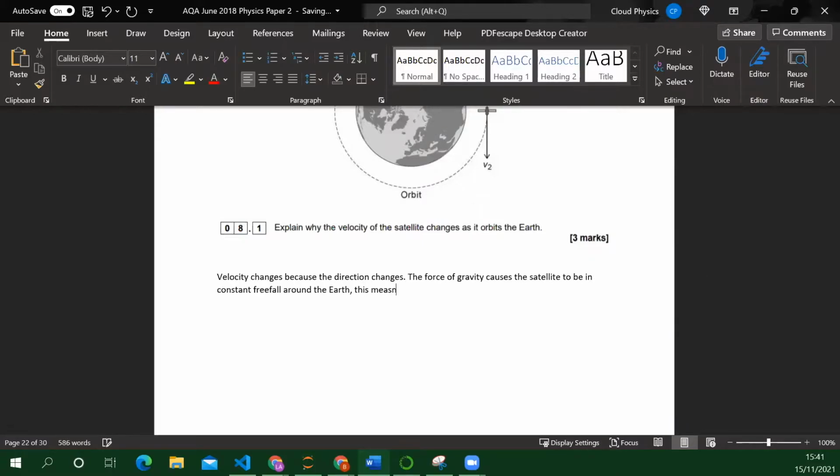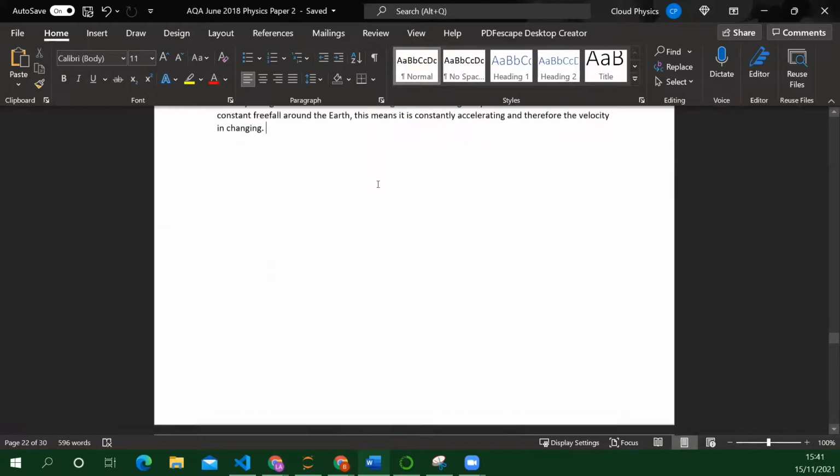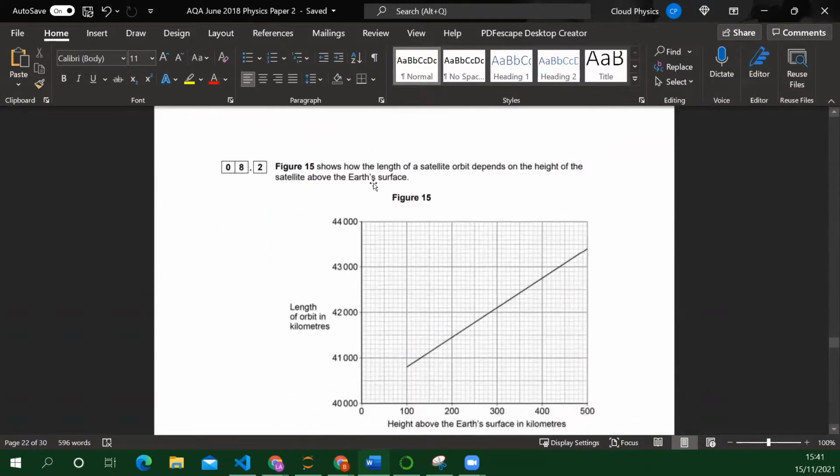This means it is constantly accelerating, and therefore the velocity is changing. If you think of the astronauts in the International Space Station, the reason why they float is because they're in free fall constantly. Also, they're free falling around the sun as well, couldn't you say?